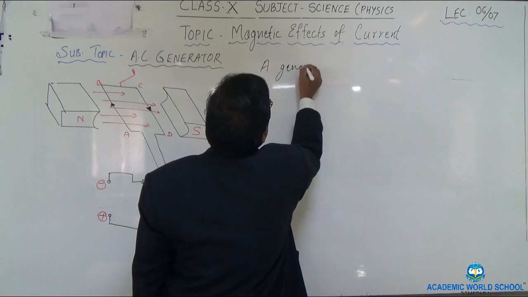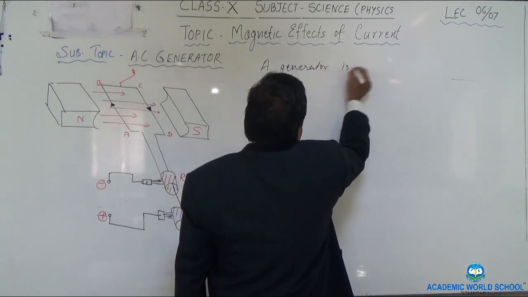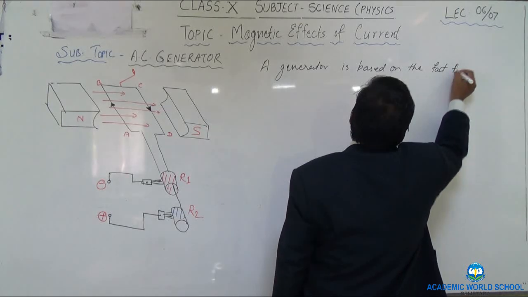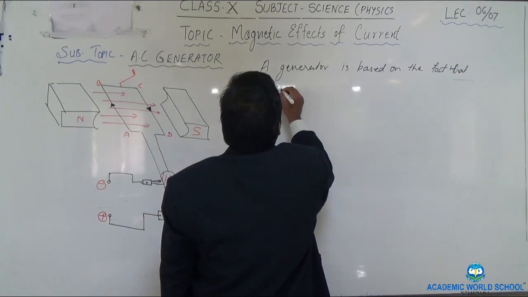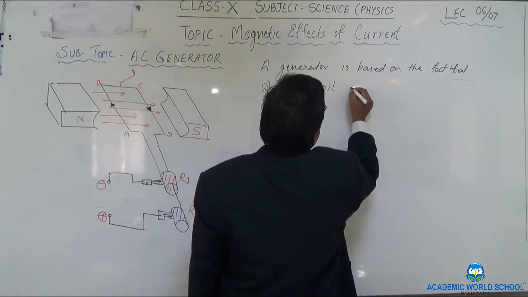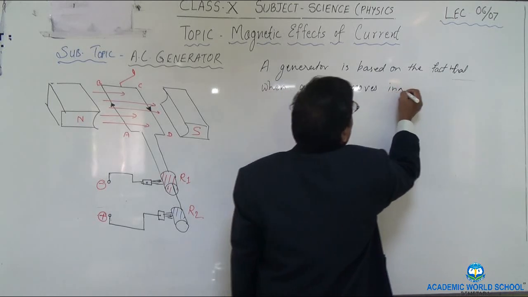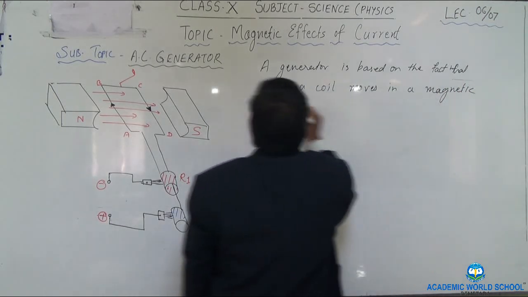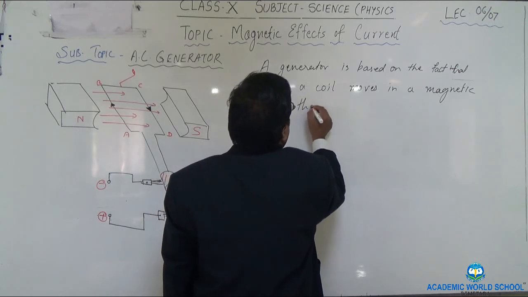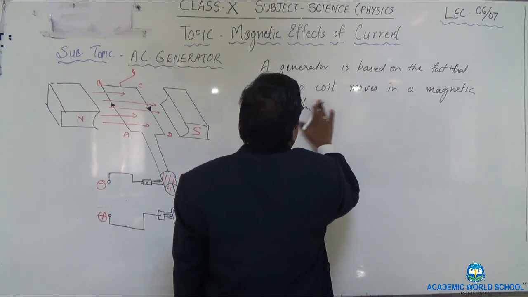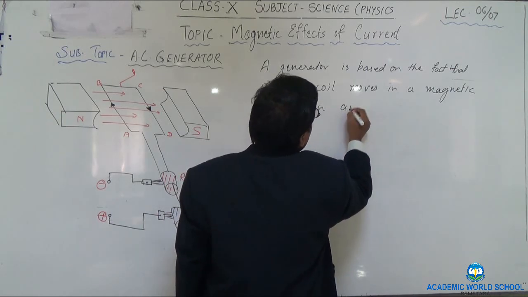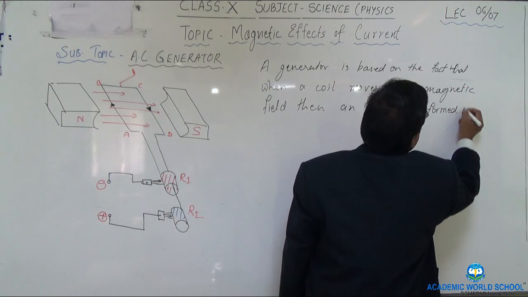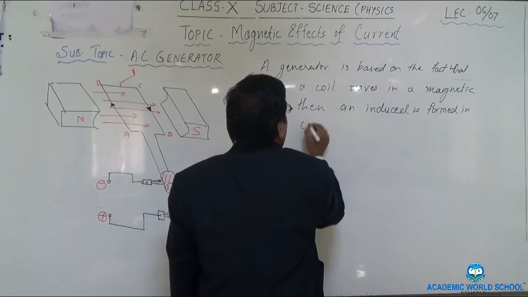A generator is based on the fact that when a coil moves in a magnetic field, then an induced current is formed in the coil.